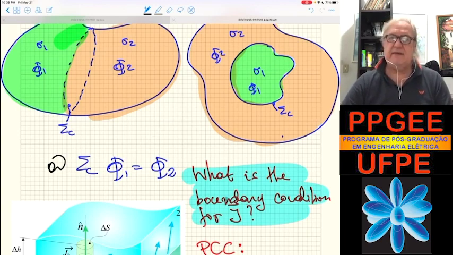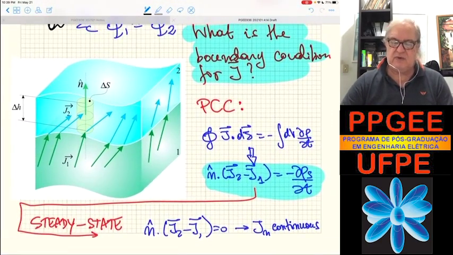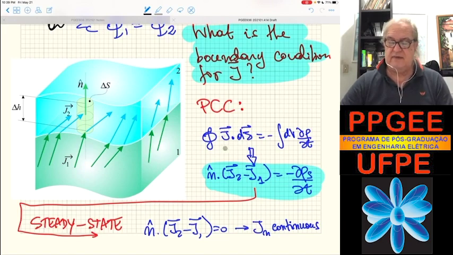Well, the quantity we have is J. So what is the boundary condition for J? If you go to the principle of charge conservation, I'm going to derive the boundary condition in general. That's what we have in integral form.